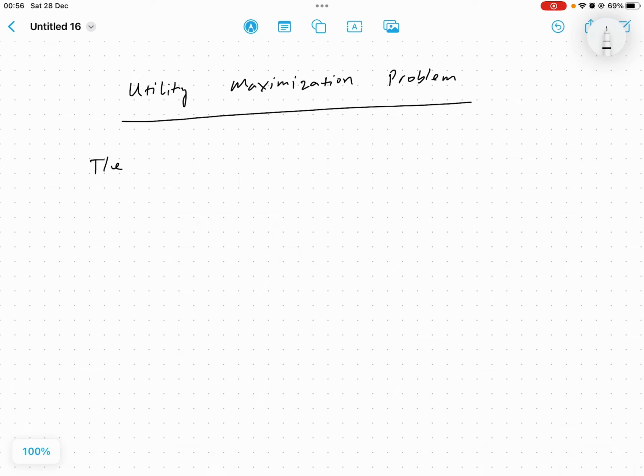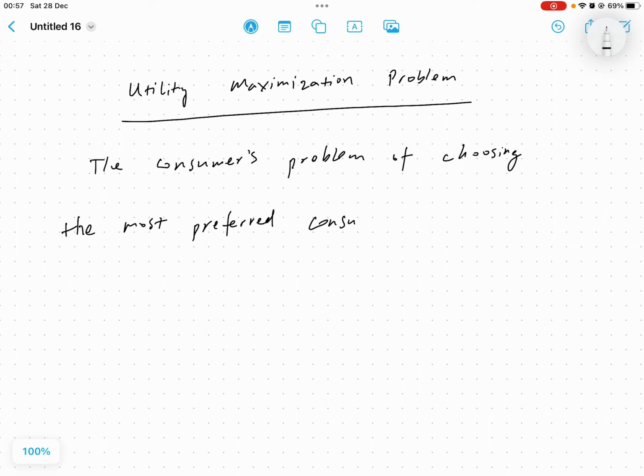So the consumer's problem of choosing the most preferred consumption bundle, this x, right?